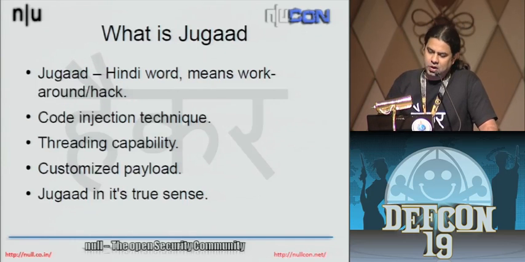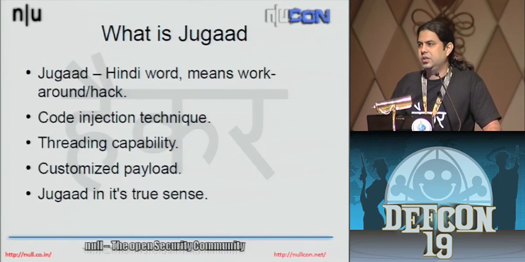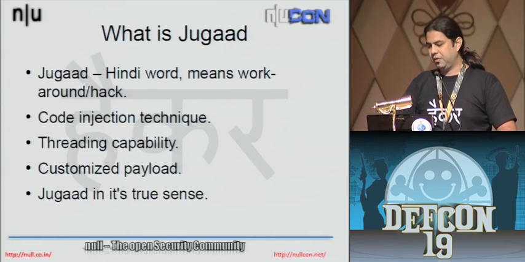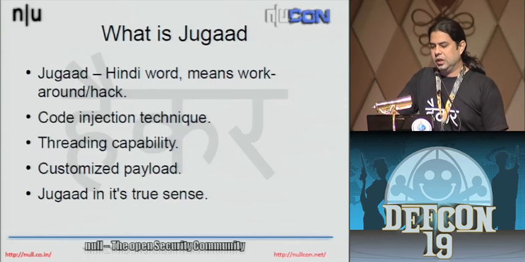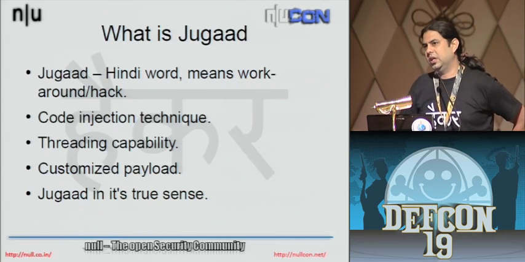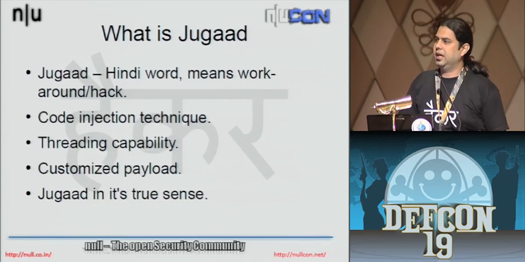Okay, so Jugaad is a Hindi word which means a workaround or a hack, which is evident from what we have been doing with this library. So it basically gives you a framework wherein you can inject your own customized payload as a thread inside a remote process.